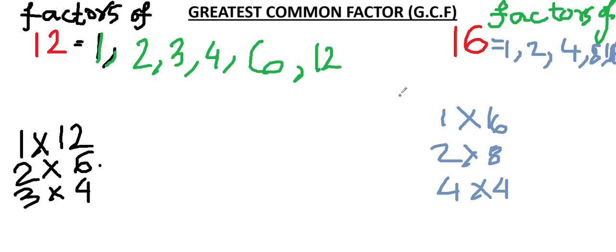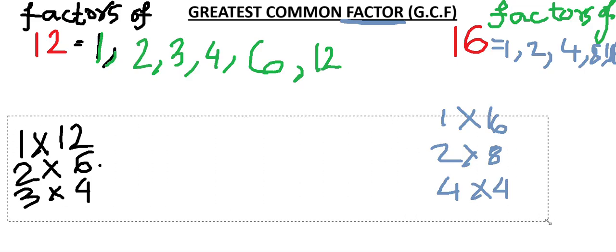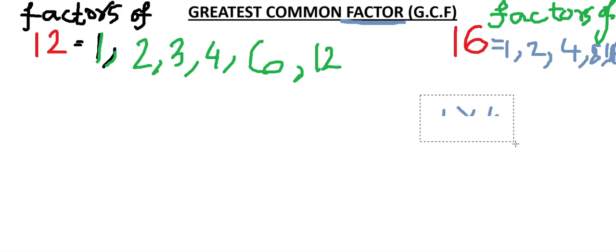Now, we are done with the factor part. Let's erase this one so that I can write down all the numbers below each other, so that it will be much easier for you to understand.